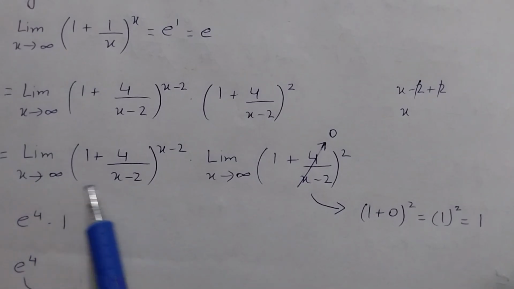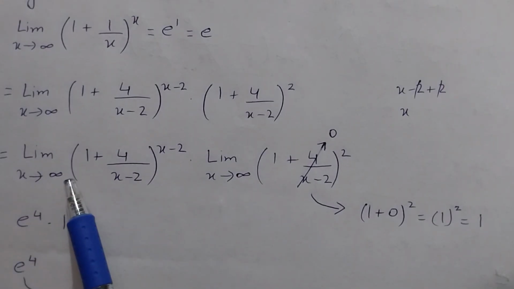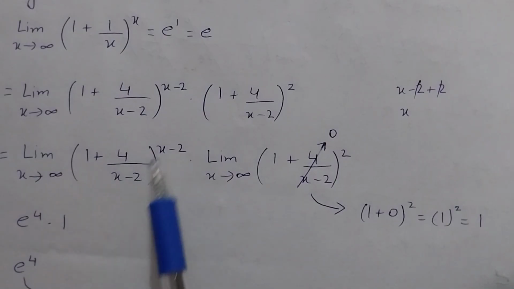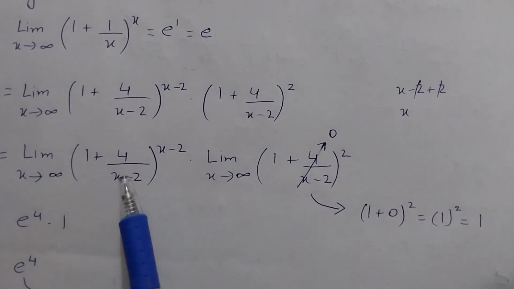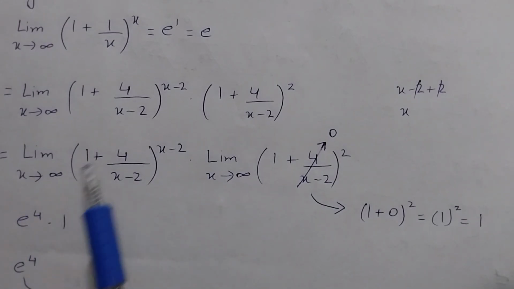So this resembles our result now, because the denominator and the power are the same. We have a, which is 4 here, x is approaching infinity, and we have 1 plus a fraction. So what's the result of this limit? This is simply equal to e raised to power a.